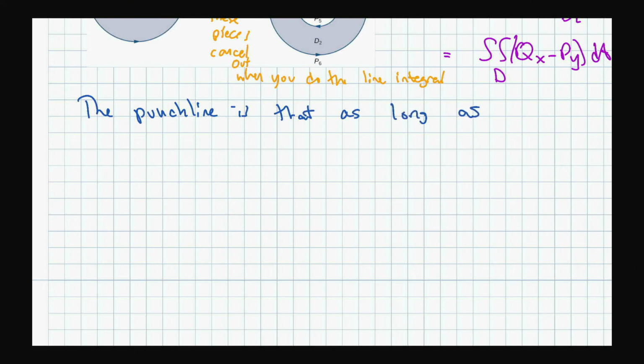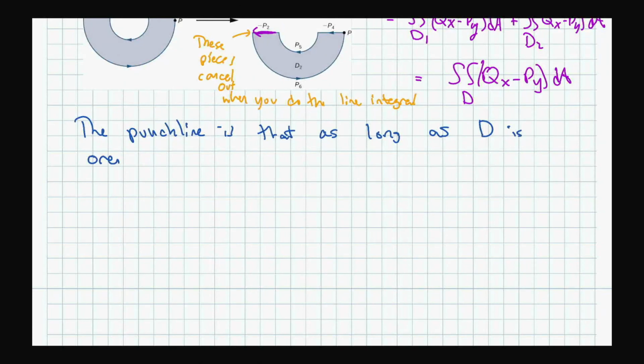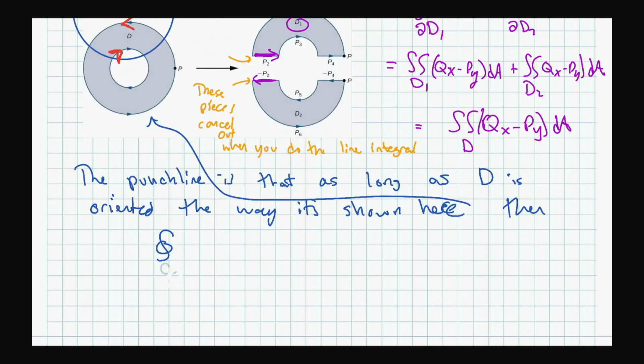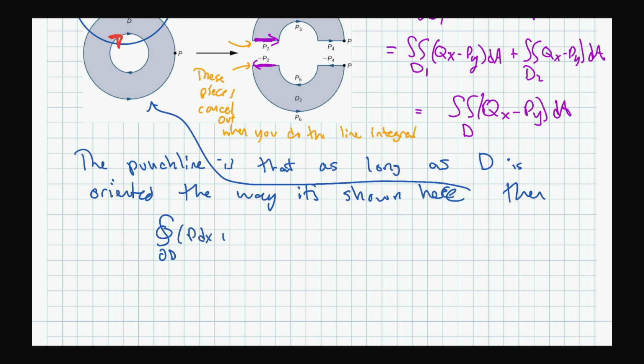As long as D is oriented the way it's shown here, then the line integral over the boundary of D of F dot, I'll just say P dx plus Q dy, is equal to the double integral over D of Qx minus Py dA.